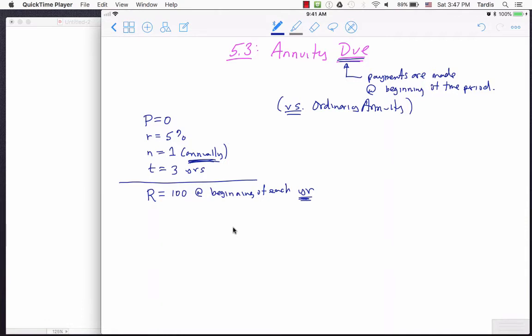Okay? So what we're looking at here is that the initial amount of money in the account, the amount after 0 years, is 0 because we've started with no money.